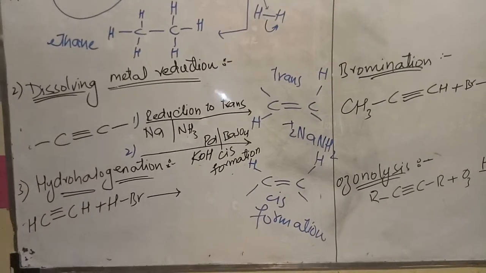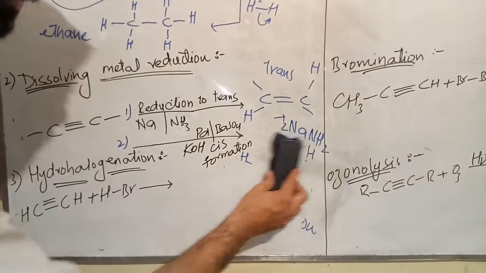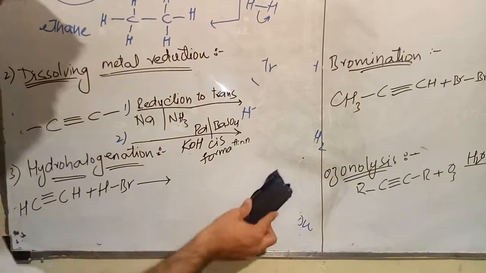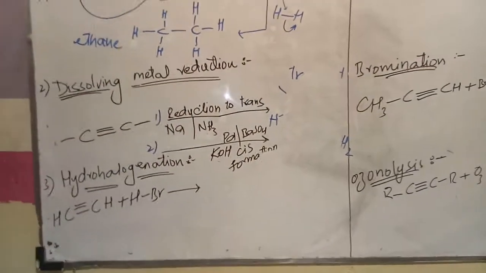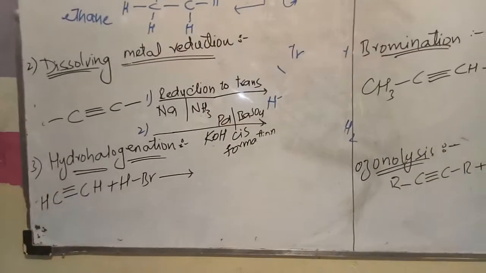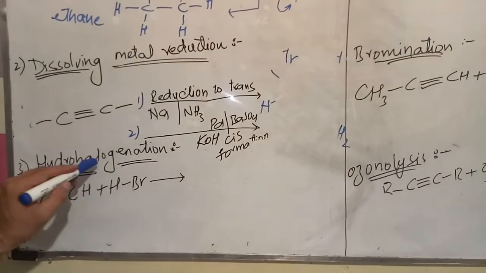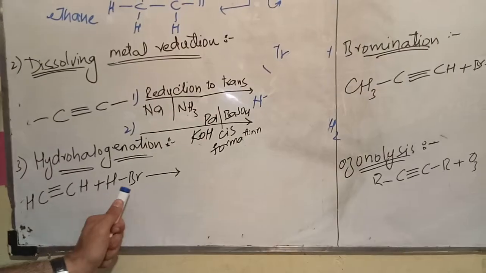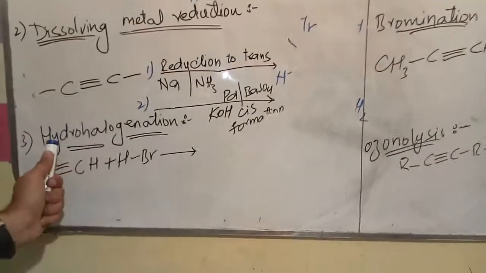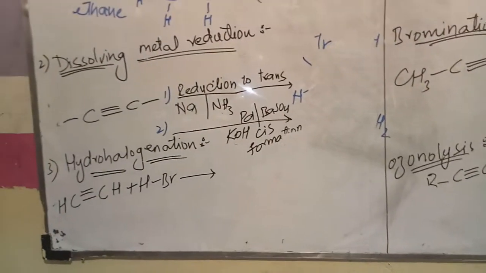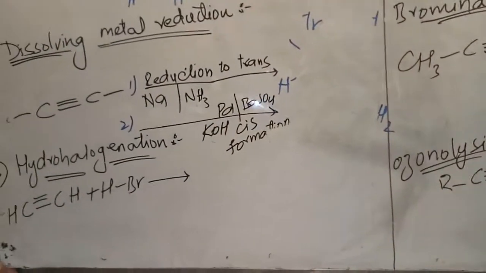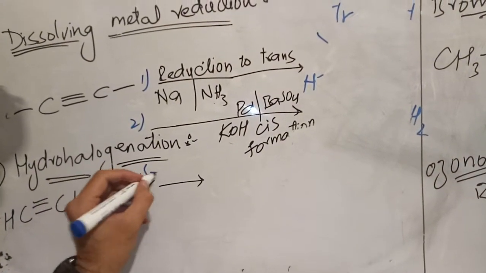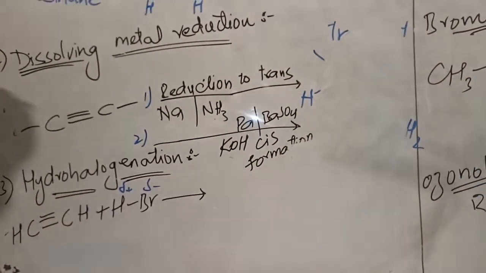Now before going to other reactions, I am going to rub out this reaction so that we get space for the next reactions. Dear students, our next reaction is hydrohalogenation. Hydrohalogenation means addition of hydrogen and halogen. Same as before, we have this negative and this positive element.